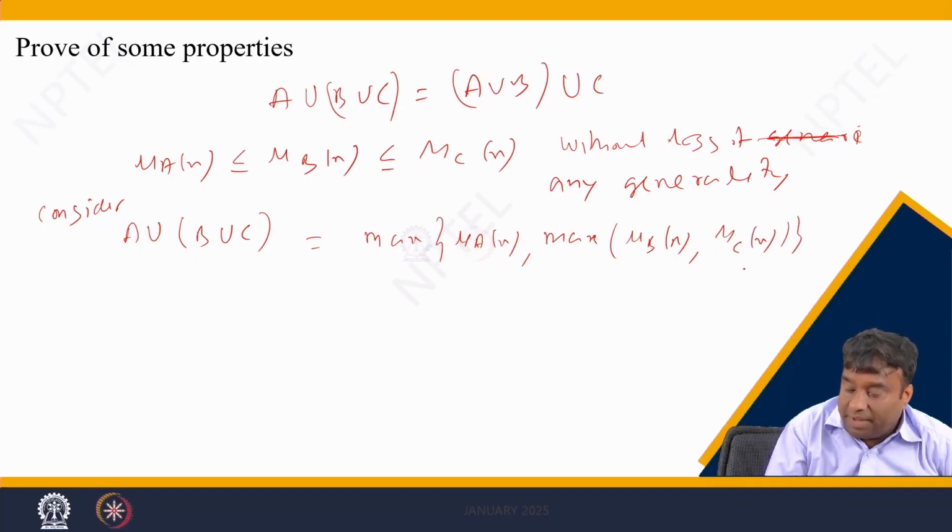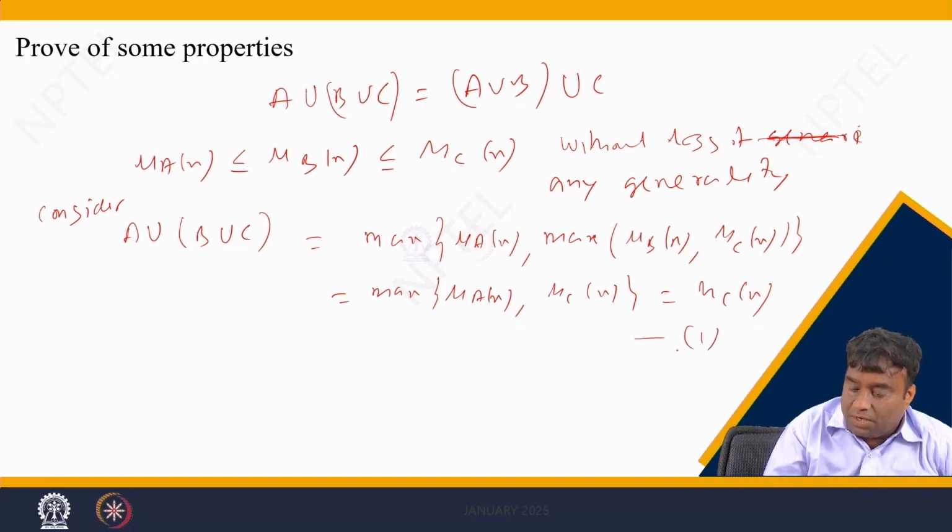Now the maximum of mu B and mu C is definitely mu C(x), we assume that. So the maximum of these two is mu C(x). So write this as equal to 1.